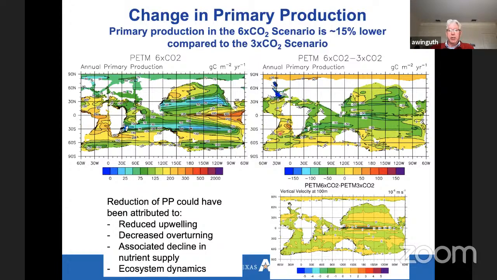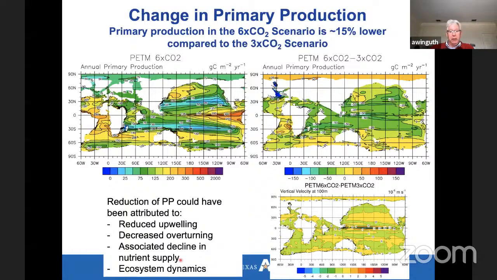But noticeably changing to the CESM3, we see actually higher productivity now in the South Atlantic. And so the overall reduction we see here from the pre-PTM simulation, so 3 times CO2, to the 6 times CO2 simulation, about 15% is due to this reduced upwelling and reduced mixing, and so reduced nutrient supply to the surface.